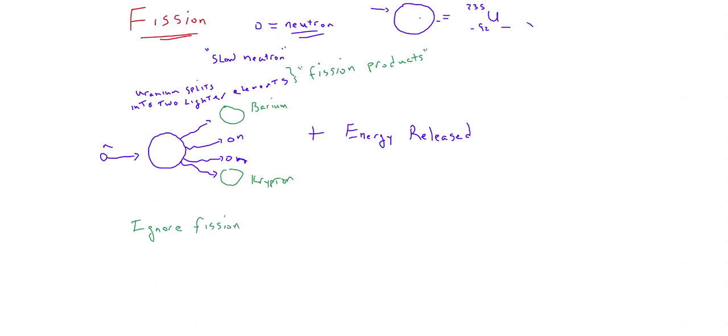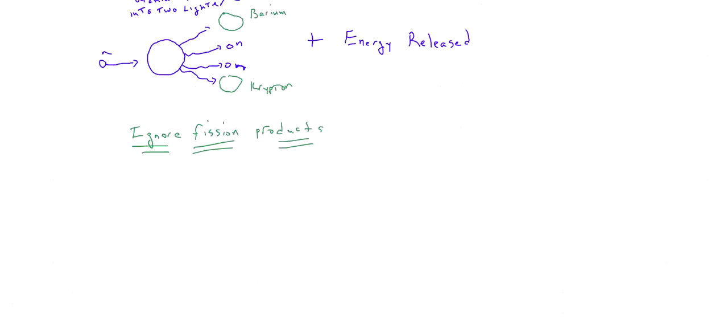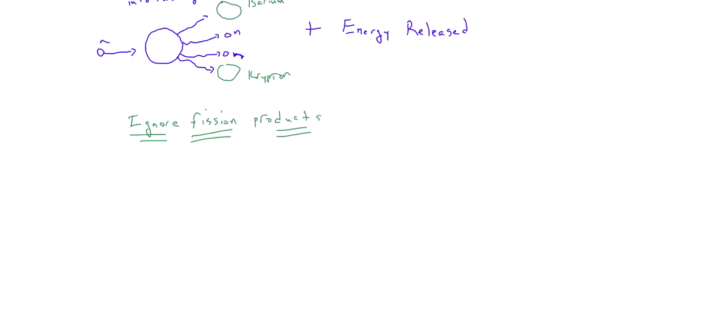I'll talk about those later, but they're going to get in the way, and I don't want them to get in the way right now. Okay, so we're going to ignore them. And I'm going to redraw this picture that I just drew in purple, but without the fission products, okay?